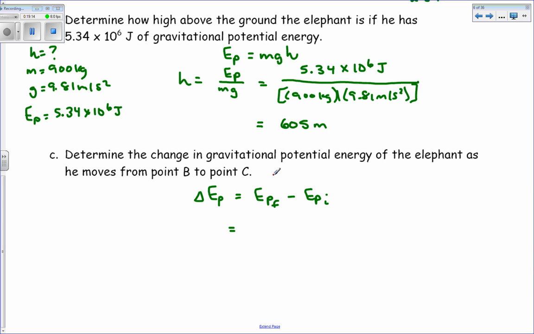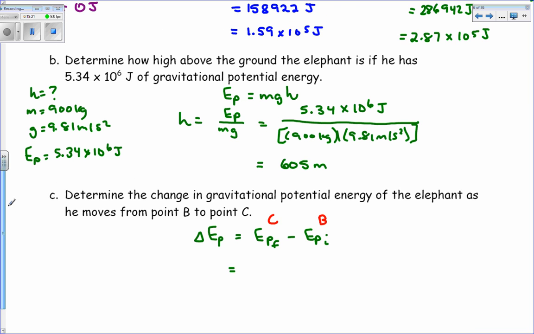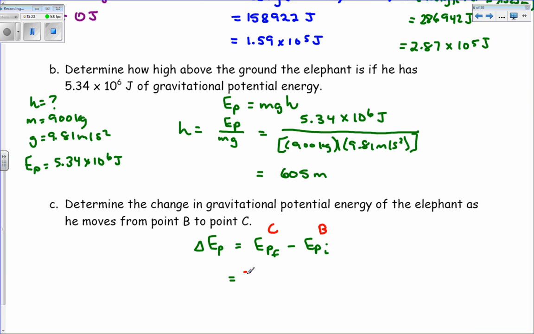Because we're going from B to C. So the final is point C, and the initial is point B. So 286,942 joules minus 158,922 joules. And that equals 128,002 joules, or 1.28 times 10 to the 5 joules.